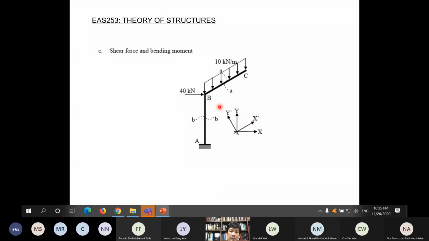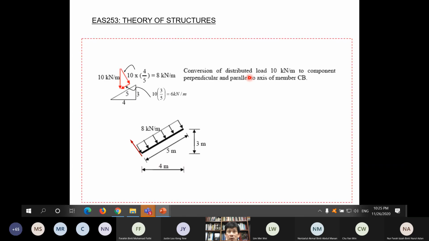X prime, Y prime represent the coordinates, with X prime pointing in the axis direction of member BC, and Y prime perpendicular to X prime, forming one pair, while XY is the normal horizontal and vertical. We need this in order to define the axial force and shear force on this member. So we start with the first.